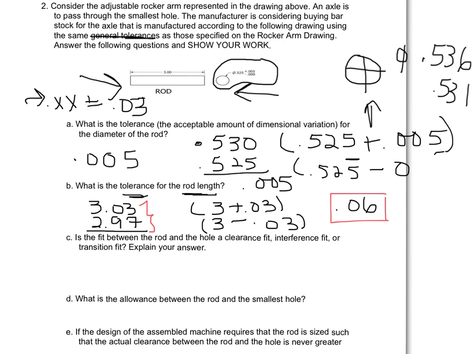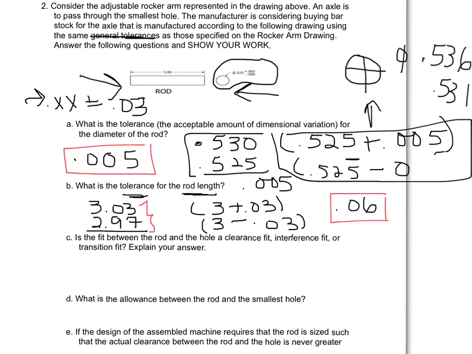Okay, so for the first one, this was your answer. This is your reasoning. And this is the work I expect to see. Okay, don't just write down the answer. You'll never be able to go back and understand what you did. All right, is the fit between the rod and the hole a clearance fit, an interference fit, or a transition fit?